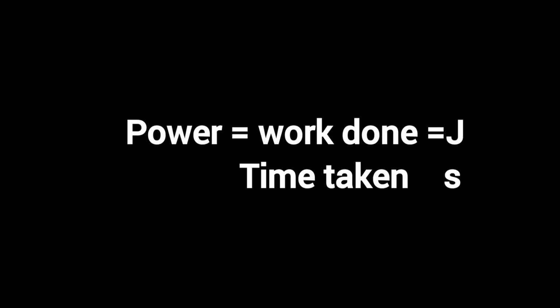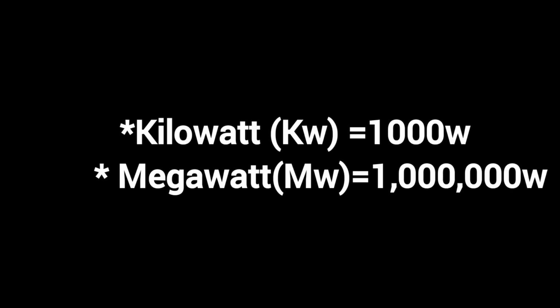So our other SI unit is joules per second. There are also other units such as kilowatt, which is 1,000 watts, and megawatt, which is equivalent to 1,000,000 watts. Let's look at an example.